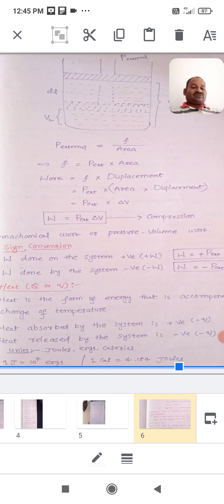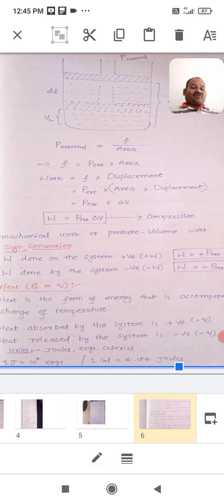Mechanical work or pressure-volume work. W done on the system has a positive sign, W is equal to P delta V. W done by the system has a negative sign, that is minus P delta V. Heat, q.